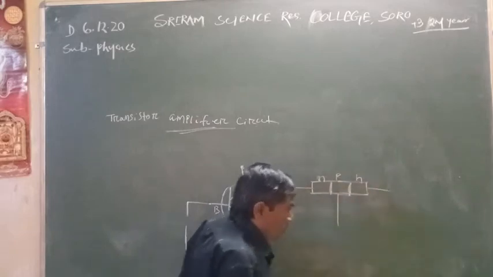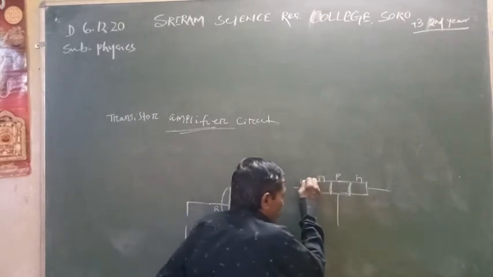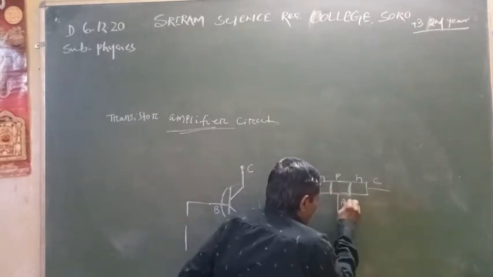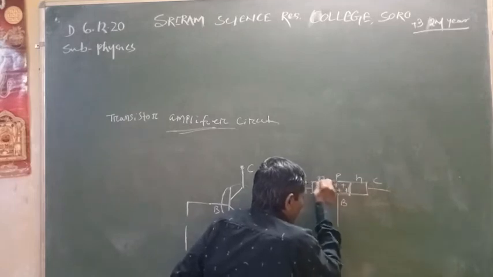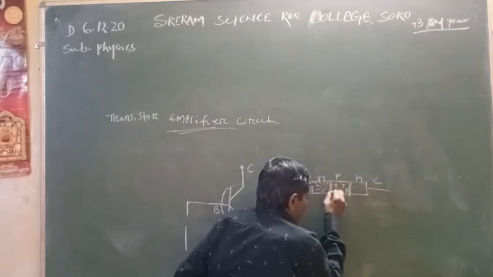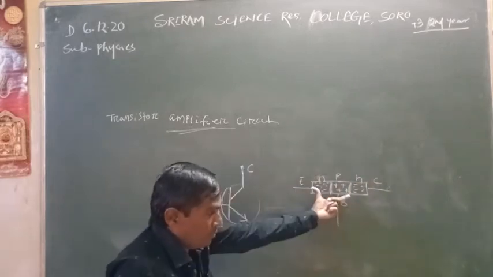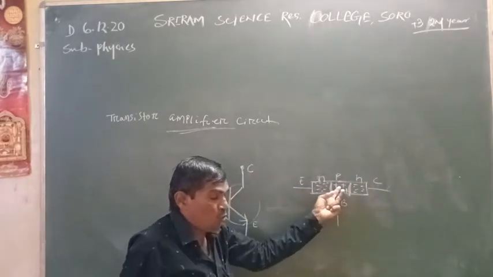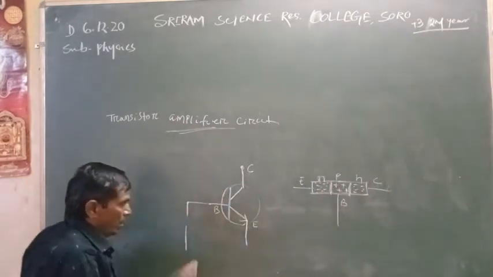This is the physical construction of a transistor, with the emitter, collector and base. All these are holes, and these are electrons. Here the electrons are majority charge carriers and holes are minority charge carriers in an NPN transistor.